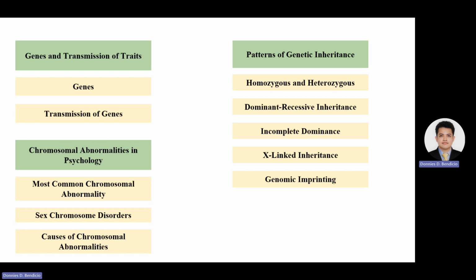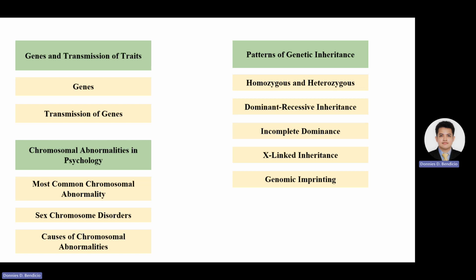Next is the causes of chromosomal abnormalities. So understanding the causes of chromosomal abnormalities, like errors during meiosis, is important in psychological research. Researchers explore the psychological consequences of these genetic errors and how they may impact individuals' cognitive, emotional, and social development.